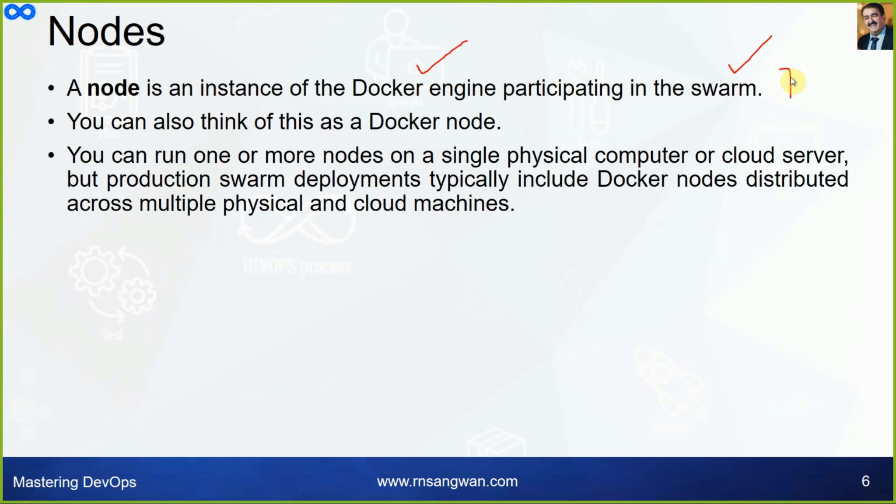So in our case, there were three nodes: server, tester 1 and tester 2. You can think of this as a Docker node. You can run one or more nodes on a single physical computer or cloud server, but production swarm deployments typically include Docker nodes distributed across multiple physical and cloud machines.